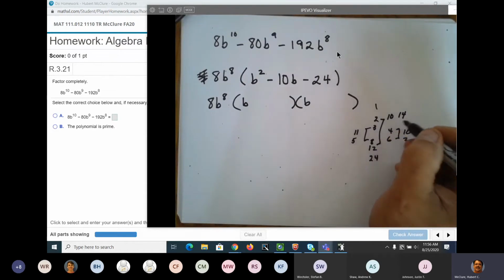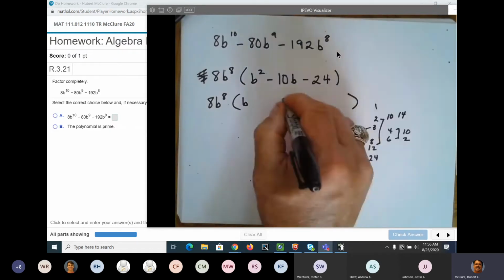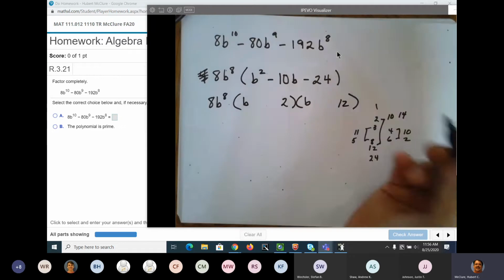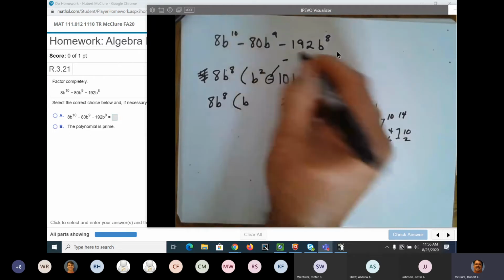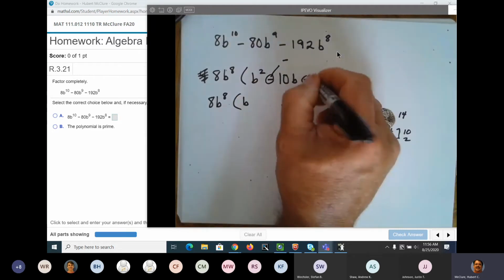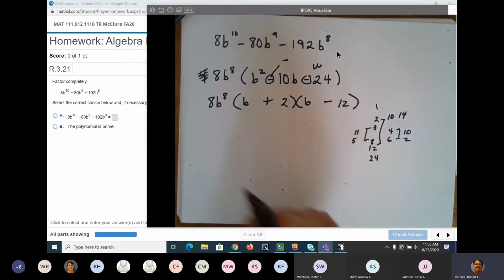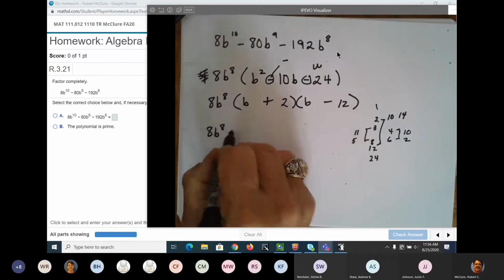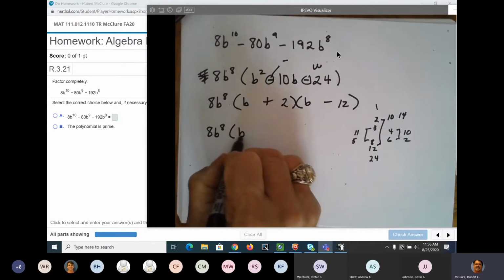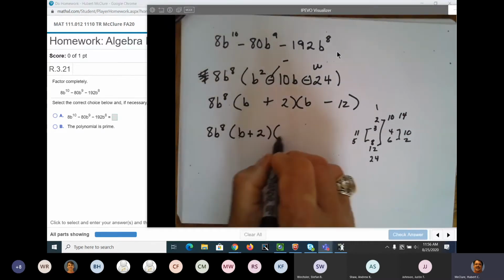We need 10, so there's our numbers, 2 and 12. This right here tells us the biggest number has to be negative, and this right here says unlike. So that should be your answer, 8b to the 8th, b plus 2, and b minus 12.